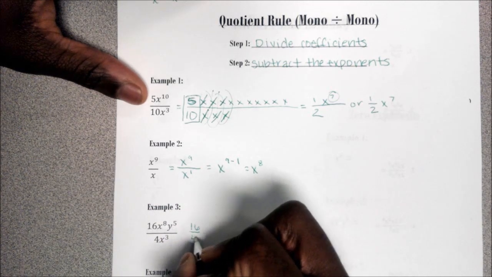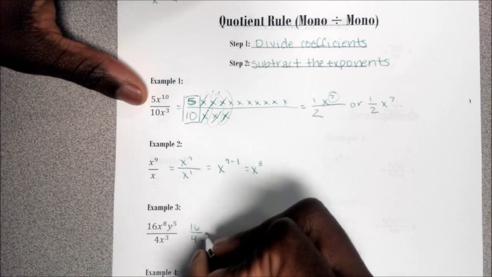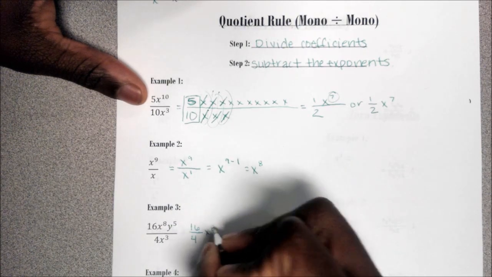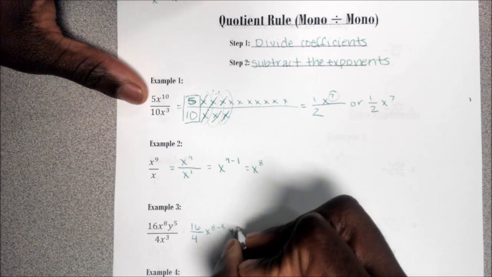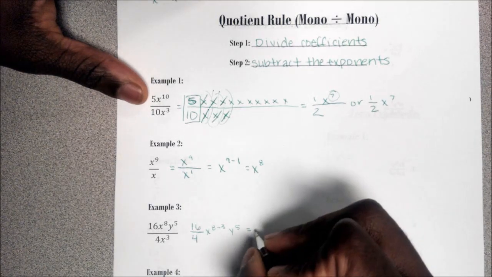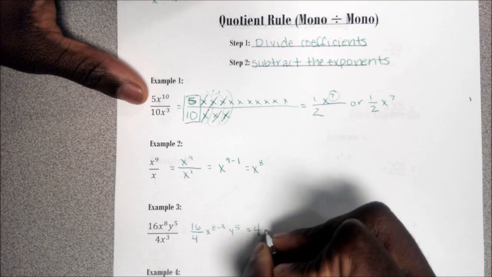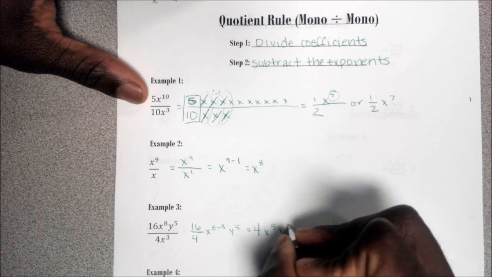So we have 16 over 4. And then we have x to the 8th divided by x to the third, so minus 3. And then y to the 5th, which doesn't have a y at the bottom, so we leave it like it is. 16 divided by 4 is 4. 8 minus 3 is 5, y to the 5th.